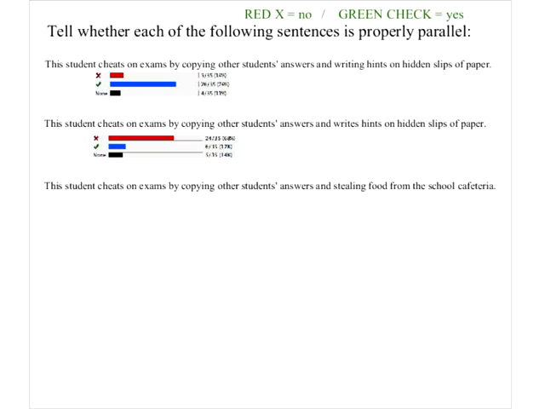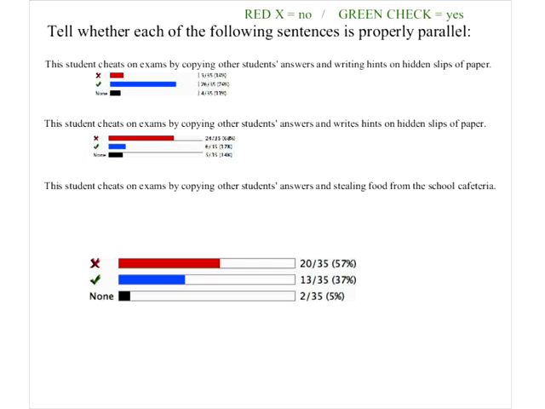Okay, here are your answers. Pretty even on this one.